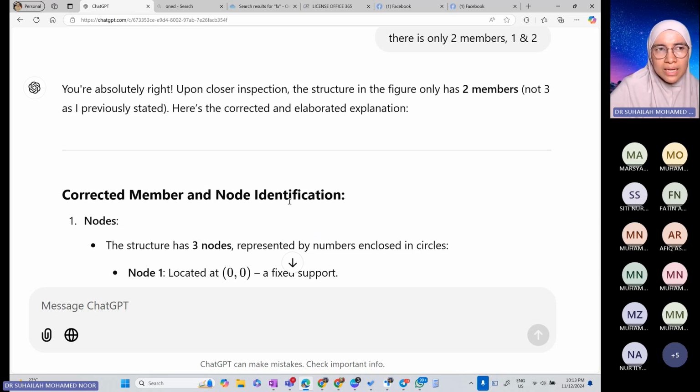Cuma textbook ni dia dah cram kan, jadi macam baca tak faham. So kita boleh gunakan ChatGPT untuk minta dia elaborate, untuk explain more. Kalau you nak detailkan lagi, boleh zoom in lagi bila pakai ChatGPT tu.